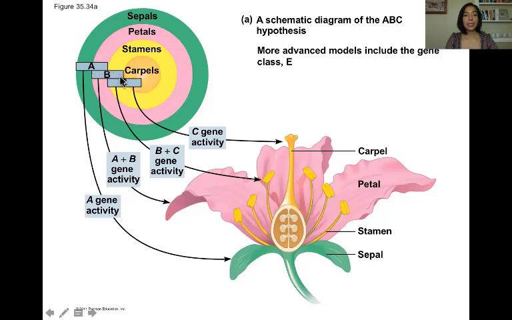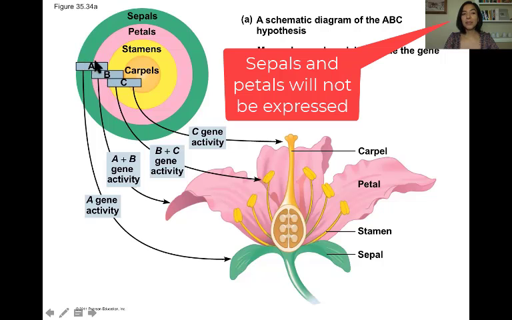The activity of gene C will be involved in the formation of stamens and carpels. Hopefully it's not confusing, but it will help you to understand that by turning on and off some of these particular genes, you can have flowers that lack sepals. For example, if you turn off this gene, you will end with flowers that do not have sepals.